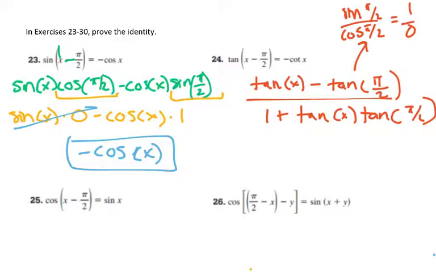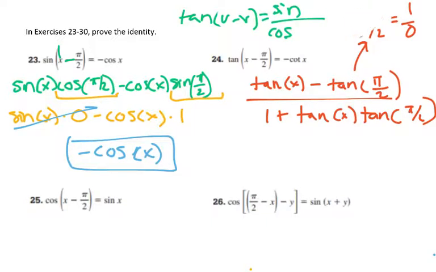So when we go back to the notes, it told us that tangent is the same as sine over cosine.